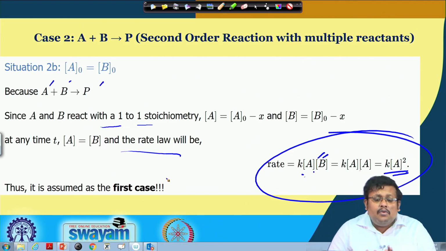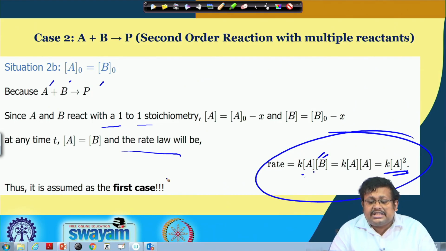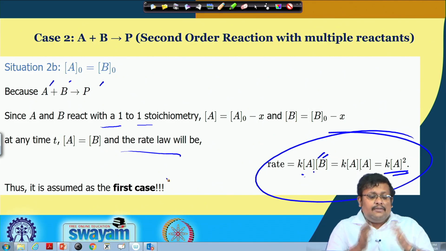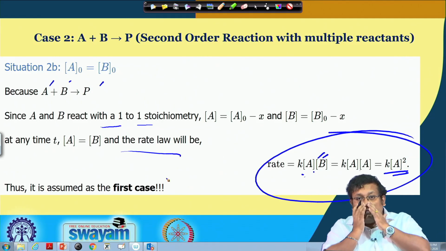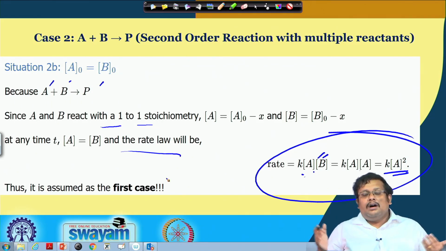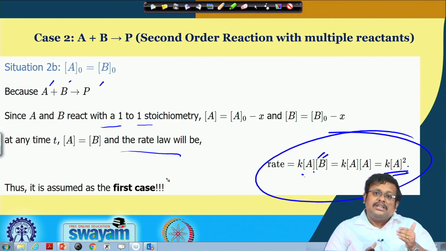This is how we can get the second order reaction with a single reactant or multiple reactants, how we can express their rates, and also how we can plot them in the form of a straight line. Remember, in the case of a first order reaction, this also gives you a straight line.